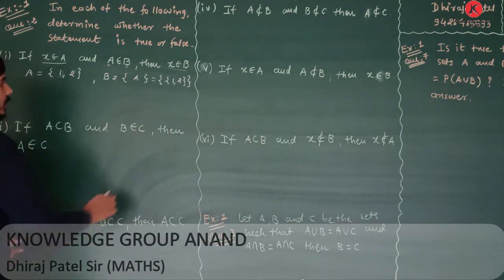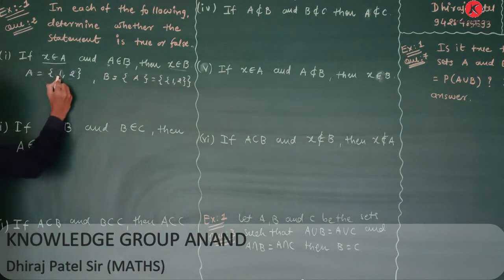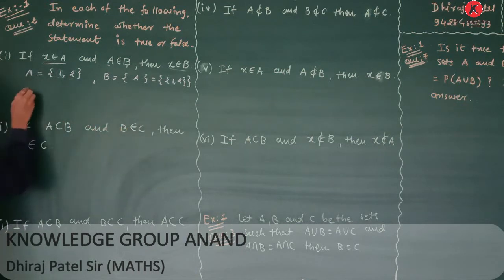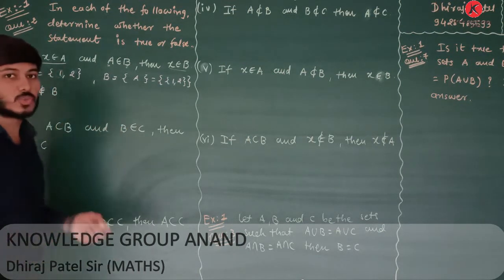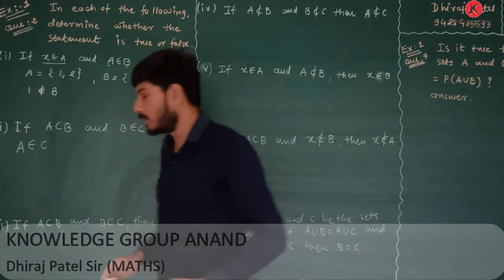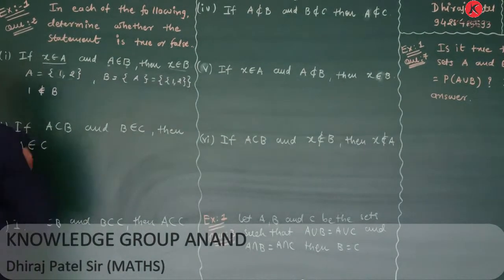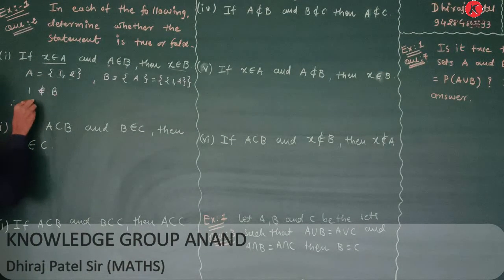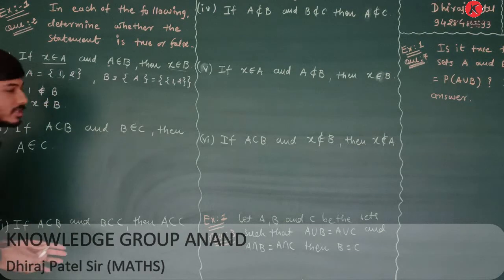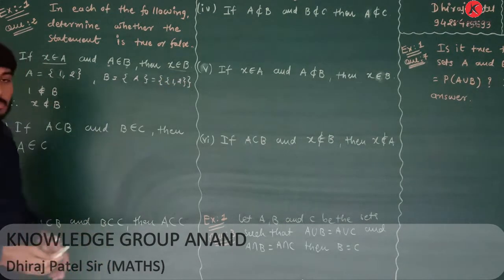Now check for x belongs to B or not. Here, 1 as x, does it belong to B or not? No, 1 does not belong to B, because 1 is not an element of set B. Therefore, we can say that x does not belong to B.